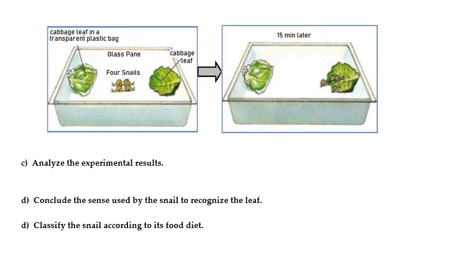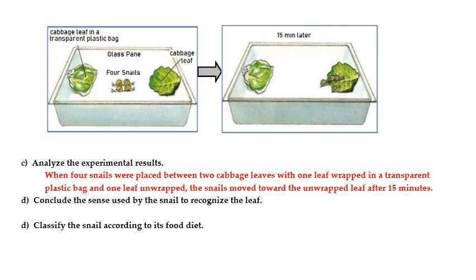We have to mention the variable, the experiment, what they did, and the result. So we have to say, when 4 snails were placed between 2 cabbage leaves with 1 leaf wrapped in a transparent plastic bag and 1 leaf unwrapped, the snails moved toward the unwrapped leaf after 15 minutes. Or you can start from the result if you want.